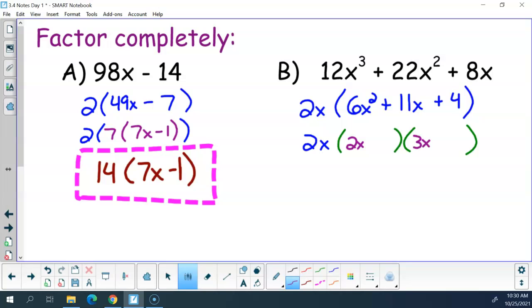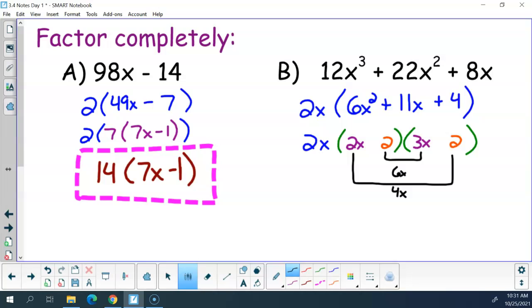Two numbers that multiply together to be 4. 2 and 2? Works? No? Okay. Are there another pair of numbers that multiply together to be either 6x squared or another pair that multiply together to be 4?